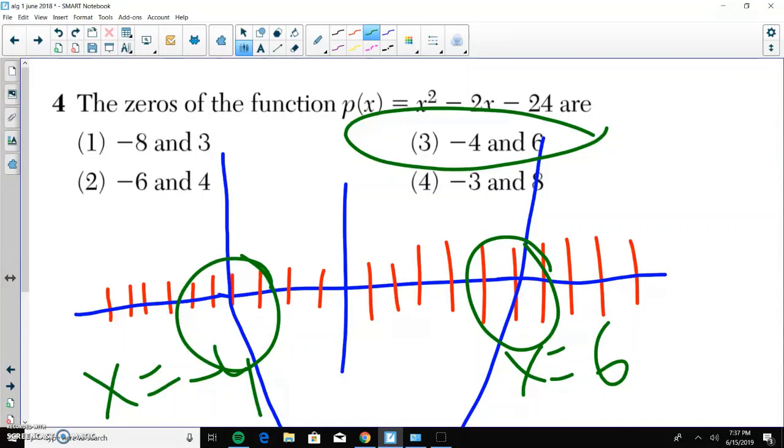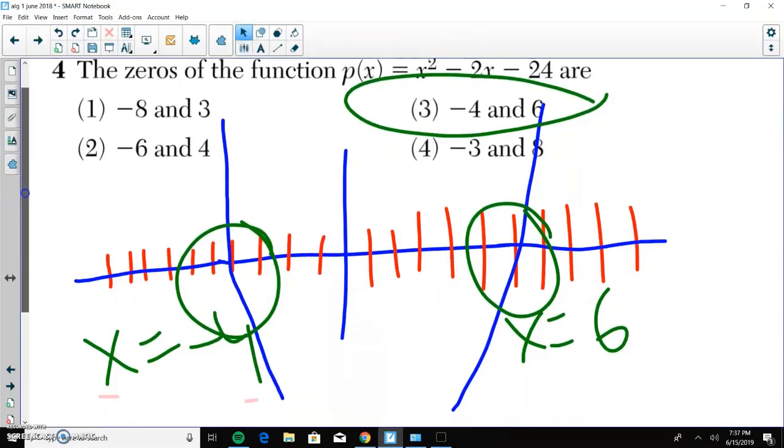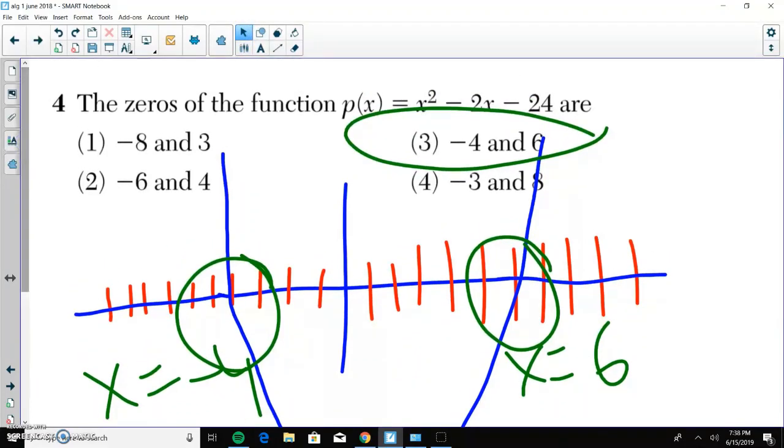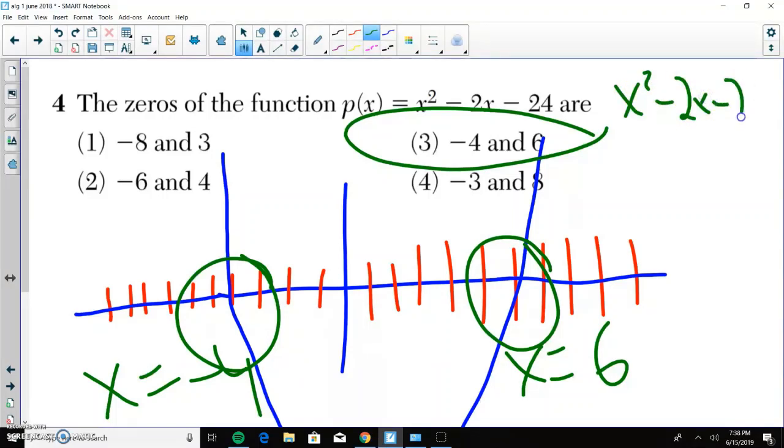Questions like these you don't have to bother to solve algebraically. But if for some reason your calculator doesn't work, I'm going to show you how to solve it algebraically. So x squared minus 2x minus 24, set it equal to 0. Then what multiplies to negative 24 and adds to negative 2?